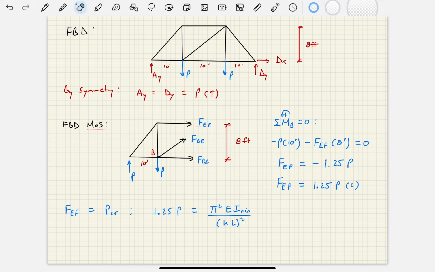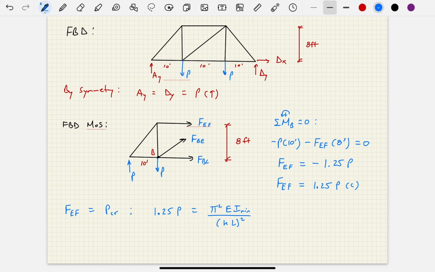And what I'm able to do now is solve for this value of P, which ultimately is what you can hang on both of these joints down here. Because remember, this FEF, where we got it to be 1.25P, that's a result of these two P's hanging at the bottom of this truss.